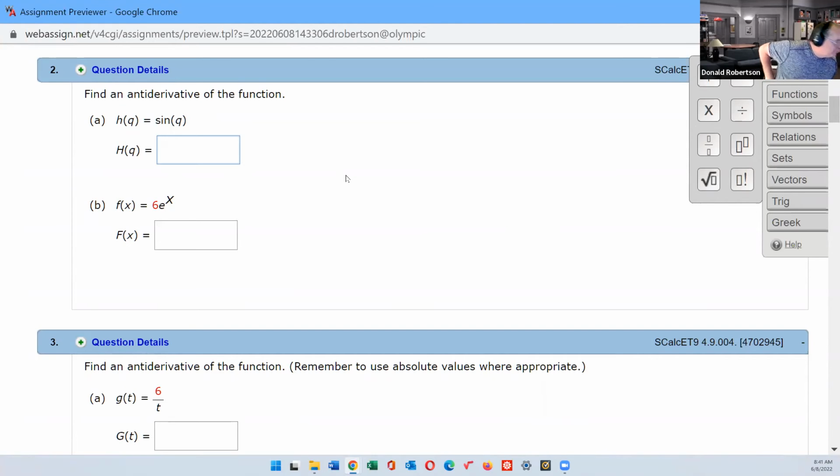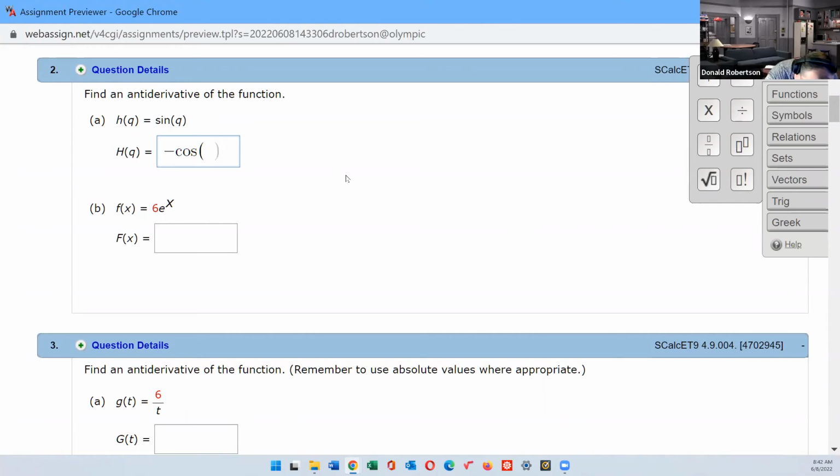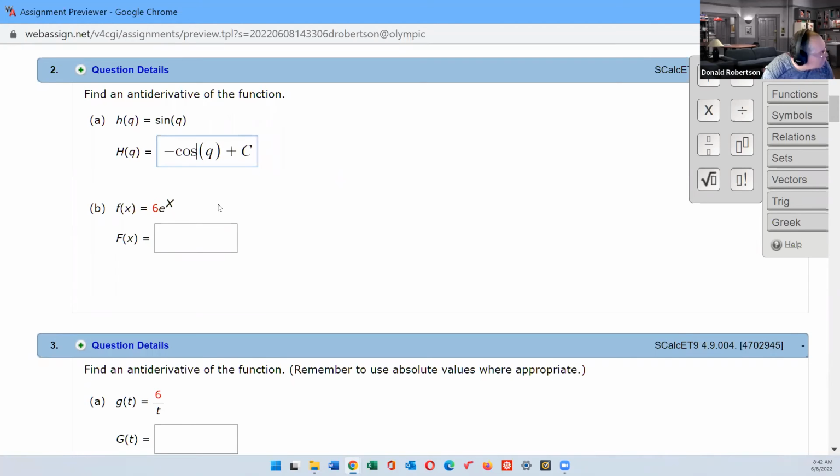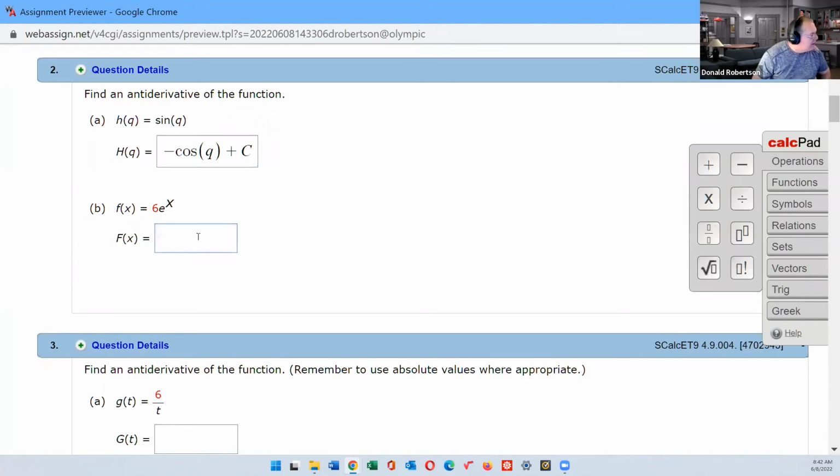Okay, let's do a basic recap. I'll take a volunteer. What is the antiderivative of sine q? You got it, negative cosine, you nailed it, plus c. I'll not write this one down, but I'll take a volunteer.